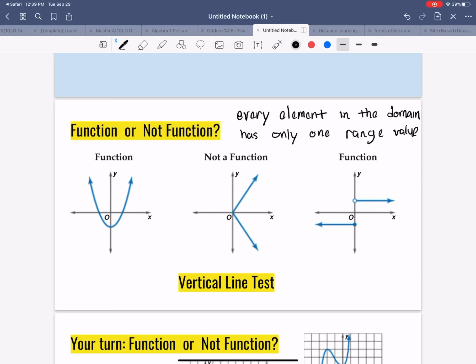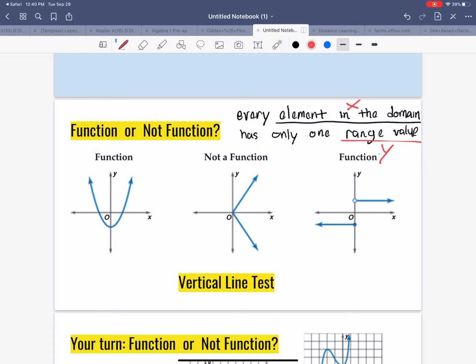What that really breaks down to is that every x has only one y. So you've got to make sure every x has only one y.